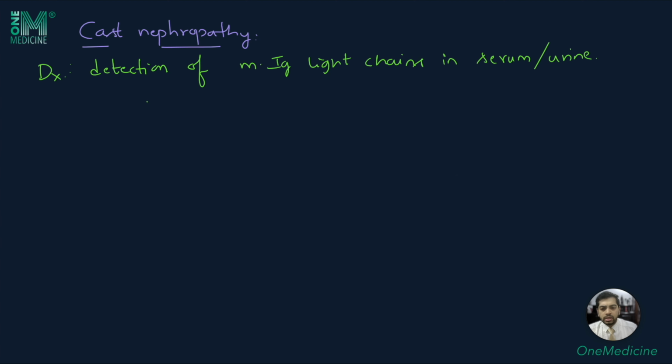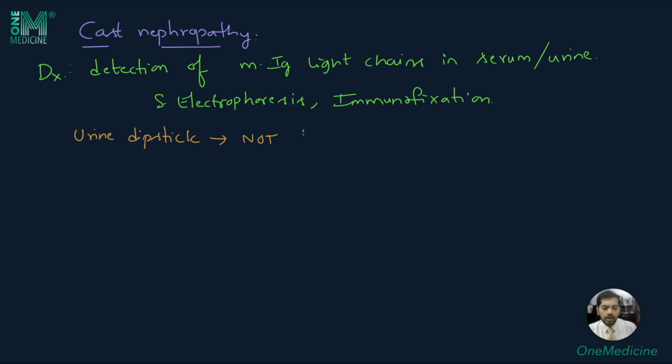The methods that are commonly used include serum electrophoresis and immunofixation assays. An important thing to note is that the urine dipstick method will not detect light chains, because urine dipstick methods usually detect only albumin, and as there is no albumin in the urine, the albuminuria is negative, so the dipstick can become negative.